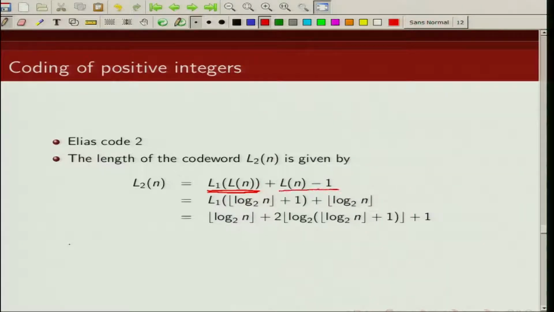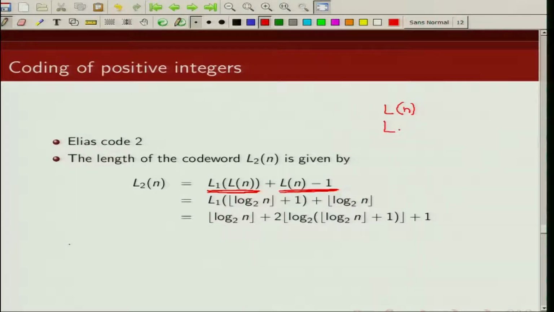And the second part of the code is the binary representation of the number n with leading 1 removed. So that's why I am writing it as l n minus 1. Please note, I am using this notation l n to denote the length of the code word for the binary representation of the positive number n.